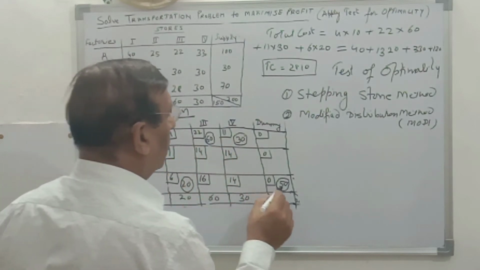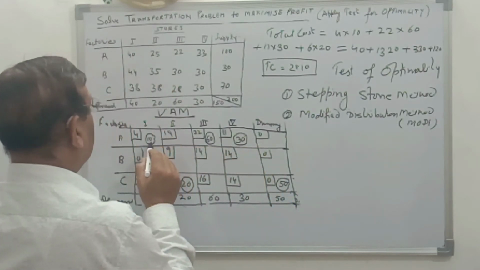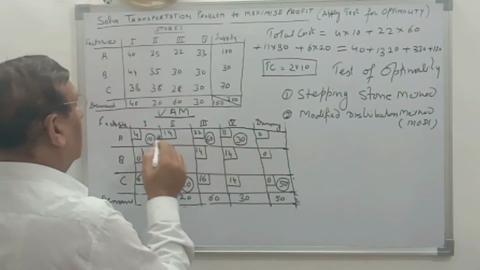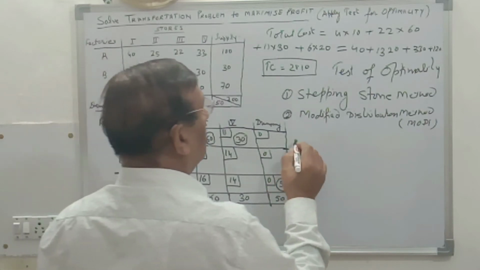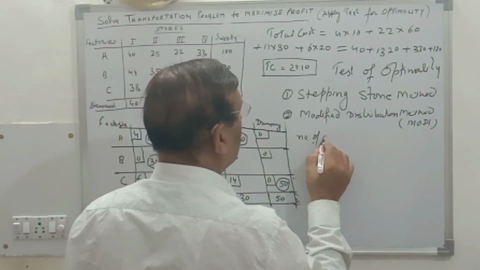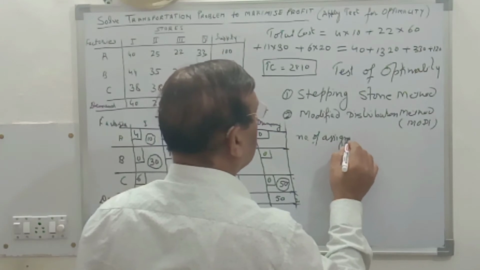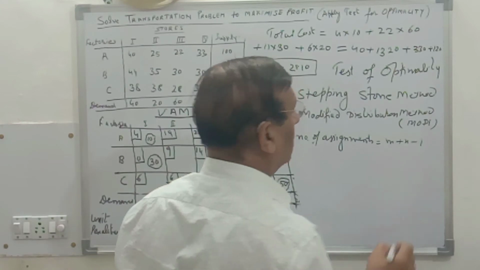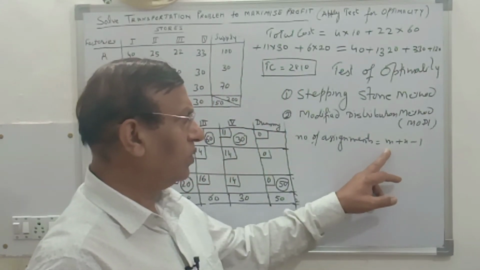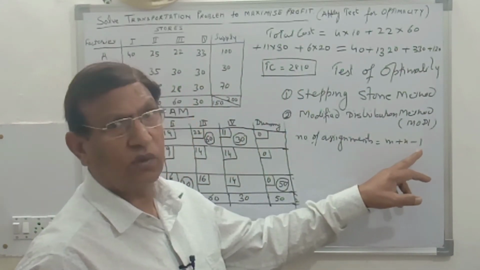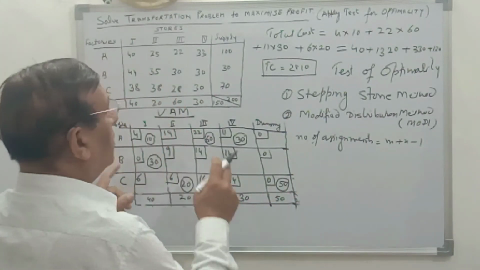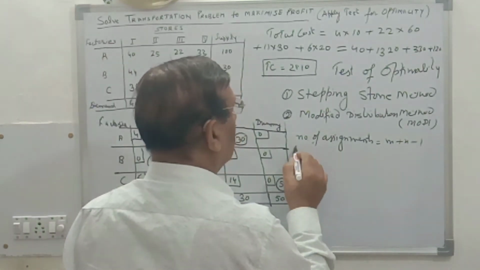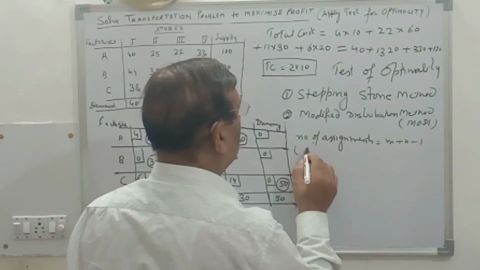These are the allocations, these are the assignments, you can say, in circles. The number of assignments should be equal to m plus n minus 1, where m is the number of rows, n is the number of columns, and minus 1.